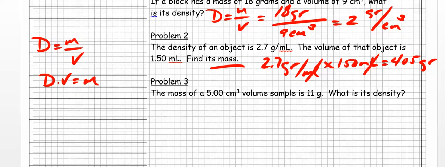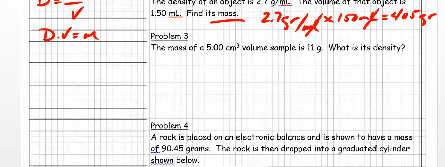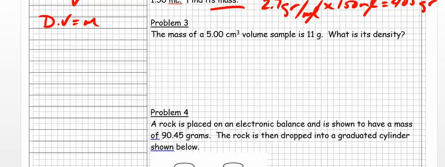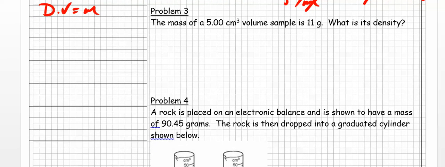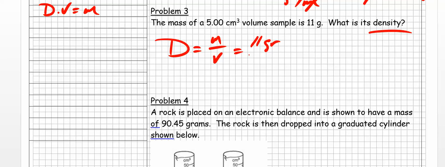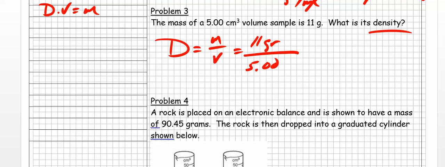Number 3 says the mass of a 5.00 cubic centimeter sample is 11 grams. We're looking for the density. Simple enough. Density is equal to mass divided by volume. The mass, I'm told, is 11 grams. How about the volume? Simple: 5.00 cubic centimeters.